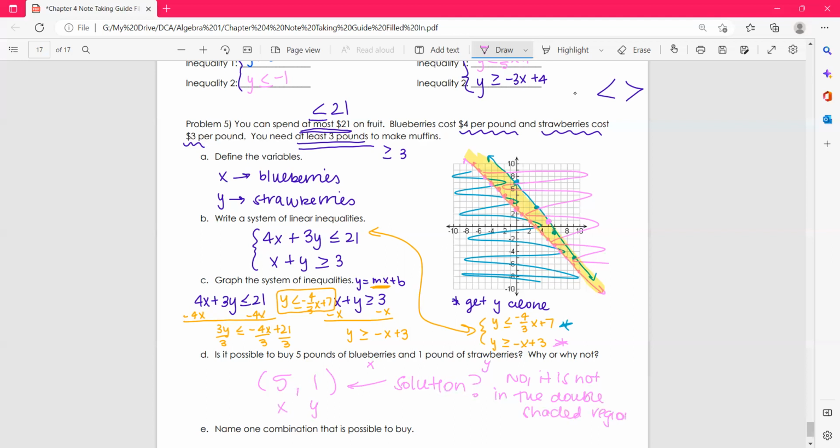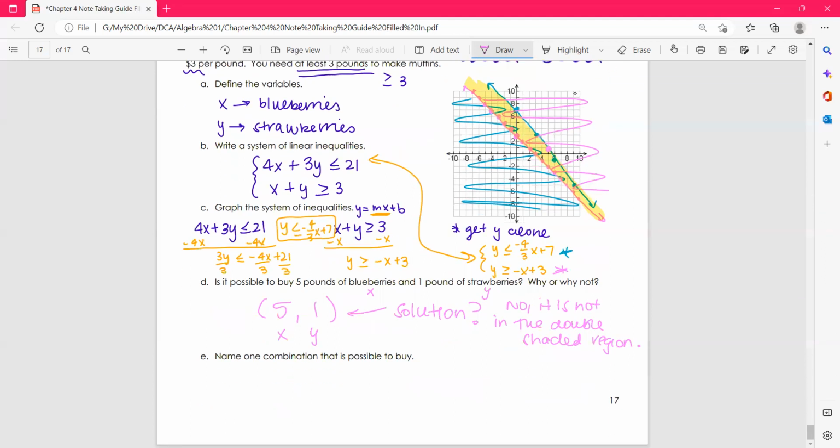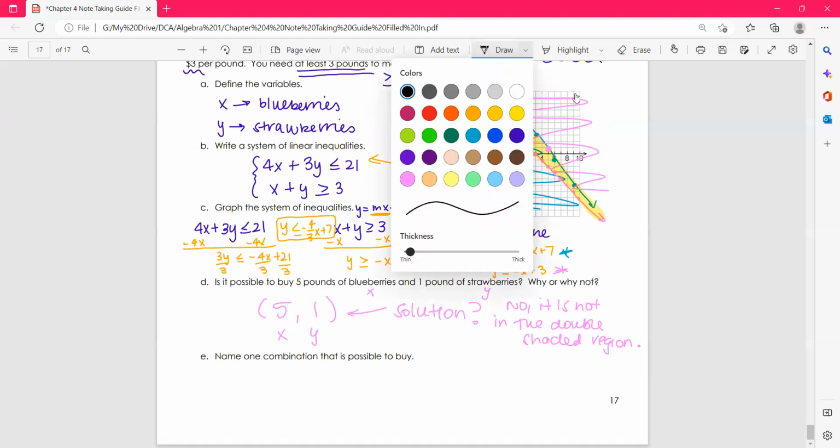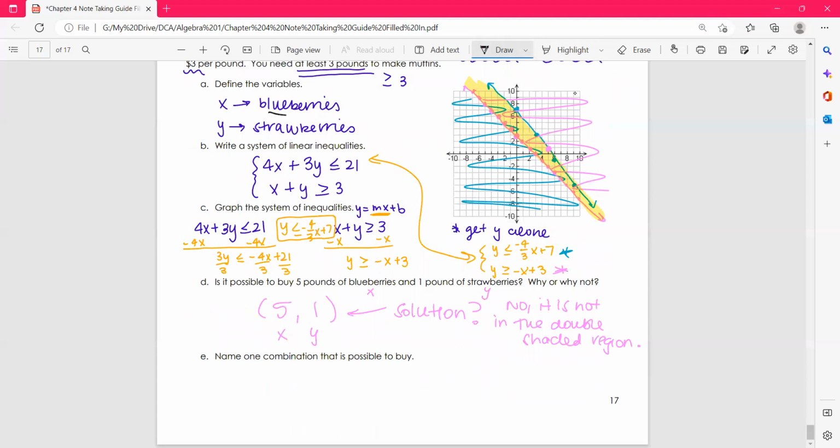And then our last question is: name one combination that is possible to buy. We've just got to pick any point in the shaded region that is going to be a solution. Now we also want to be careful. We know we can't buy negative blueberries and negative strawberries, so really we are only looking at this part of the graph, that first quadrant.